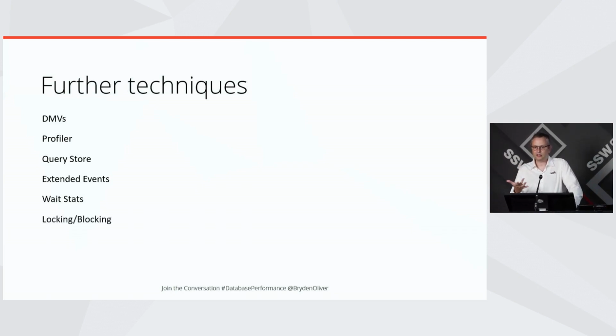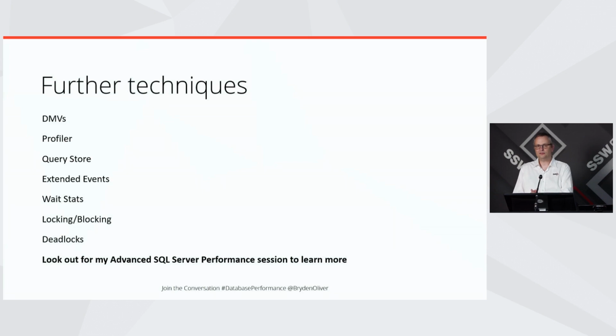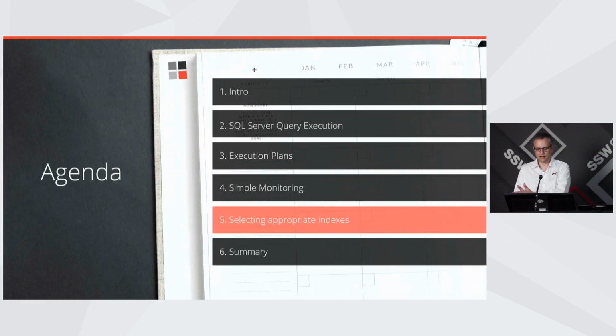You can get locking and blocking type information. They're typically available in DMVs, but expressed as something called a locking tree or a blocking tree. They're very useful because they show you what's being blocked by what, and you can get to the thing that's doing all the blocking. And then deadlocks. I'm putting together an advanced SQL Server performance session similar to this that covers a range of these sort of techniques, so watch out for that.